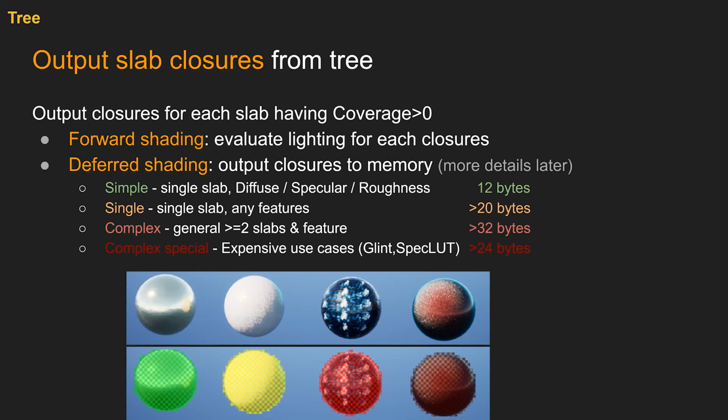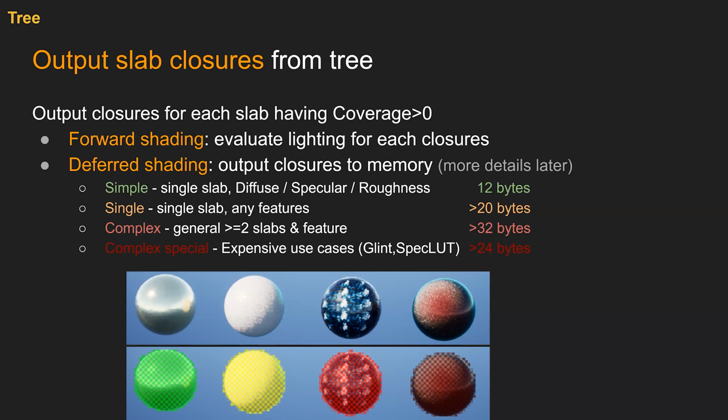If we are using forward shading, then we evaluate the lighting in the shader in place. But if we are using deferred shading, which is definitely a more complex case, then we have to write that out. Without going into details, I will detail a bit more after, but we have some simple, super fast paths which only write 12 bytes per pixel.